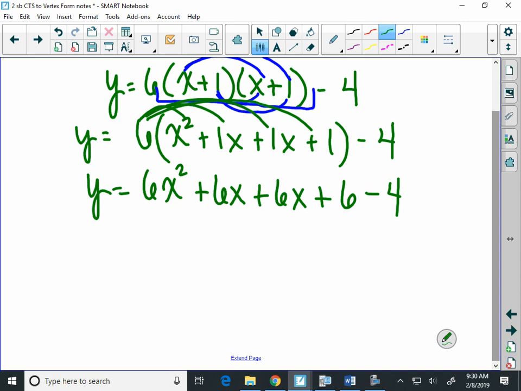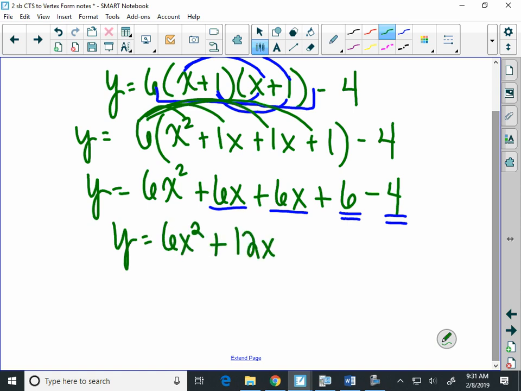Again, putting it back into standard form, and I'll define what standard form is momentarily. 6x and 6x, those are like terms. We can add them together. 6 minus 4, those are like terms. We can add them together. We get y equals 6x squared plus 12x plus 2. 6 plus 6 is 12. 6 minus 4 is 2.